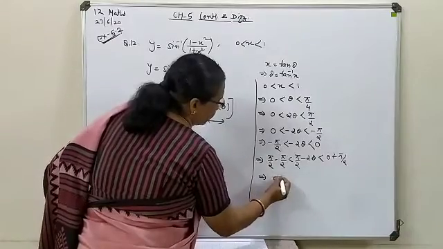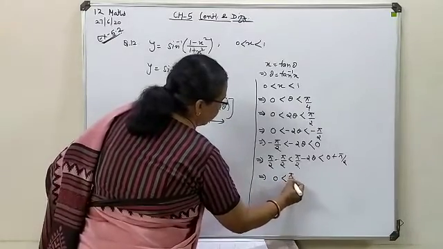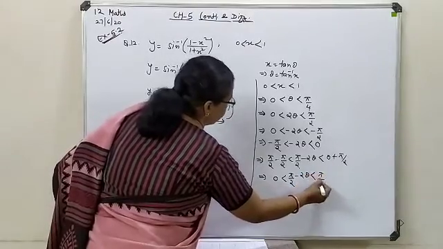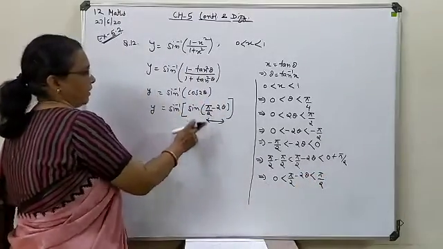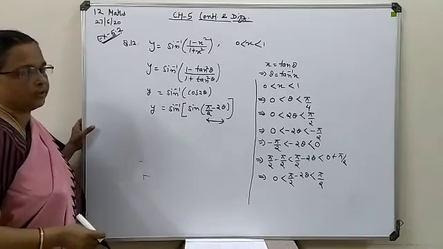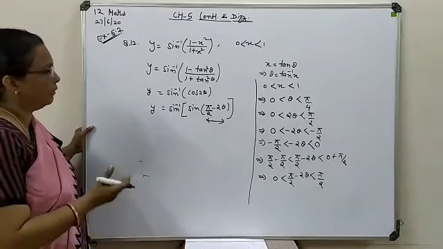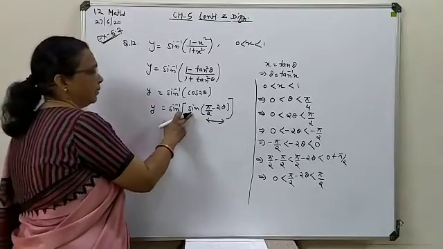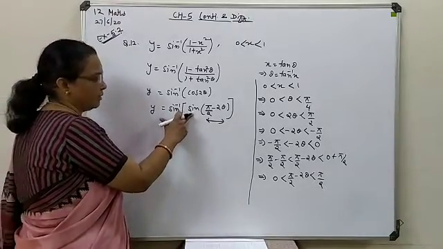This will be 0. This is the required angle pi by 2 minus 2 theta, and this is pi by 2. Here you can see this angle is lying between 0 and pi by 2, which is the required range of sine inverse. So you can directly apply sine inverse to the inside sine term.